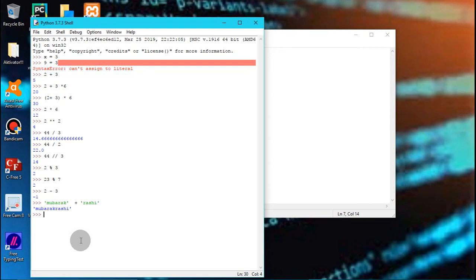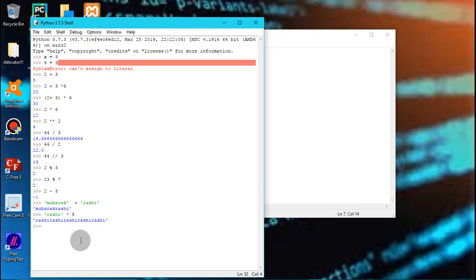So the 2 strings are concatenated, they are added together. Now I can have Rashi times 5. This will print Rashi 5 times. So that's the concept of string concatenation and replication.